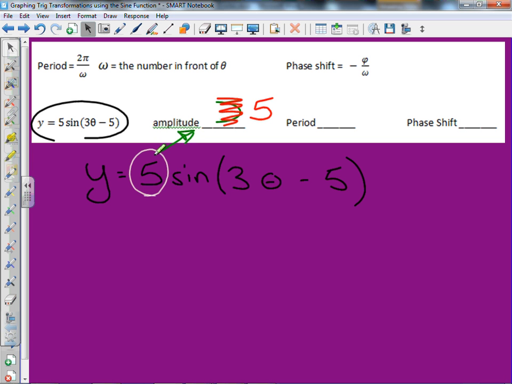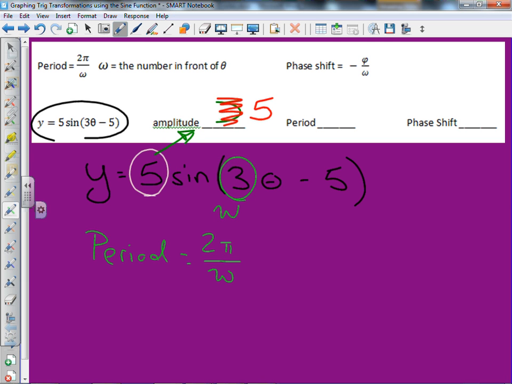Now, what about our period? We have a great formula up above. That omega is what's going to be in front of our theta. Up above it says to find our period, we take 2 pi and divide it by that omega.